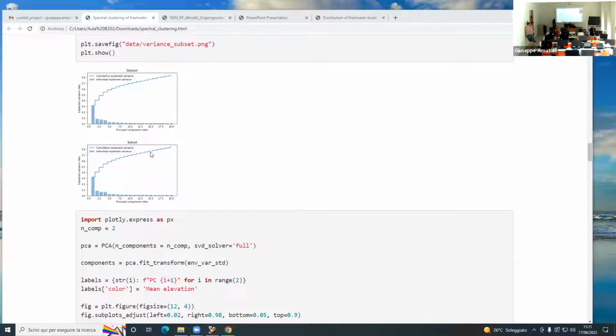Yeah, so this is visual, so you can see that indeed both the subset and the whole data set are perfectly explained by the same number of components, and the total amount of explained variation is exactly the same. So basically the subset very well covers the whole variation that you have in the whole data set. So you can use that.